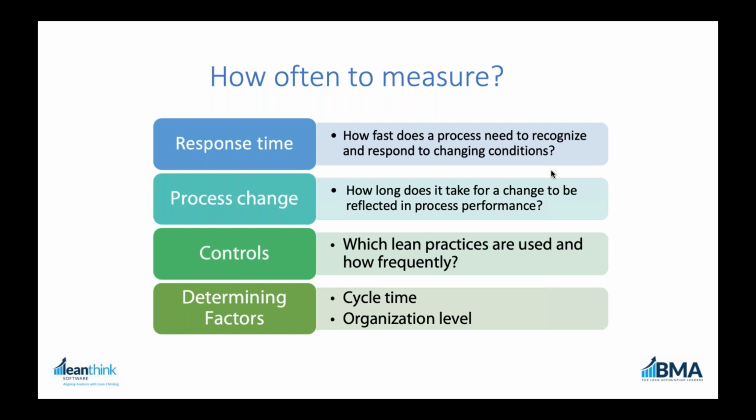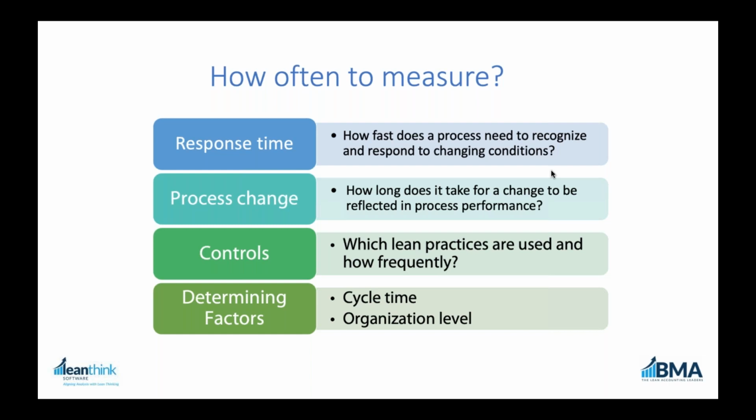Now, if you're doing software development, that's not a fast process. So, do you necessarily have to measure on an hourly basis? Probably not. Weekly might be better. Again, this is not cut and dry, but you really need to think about the way your business works.